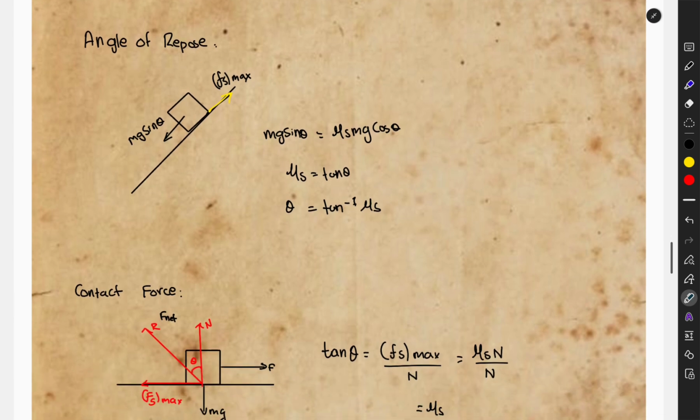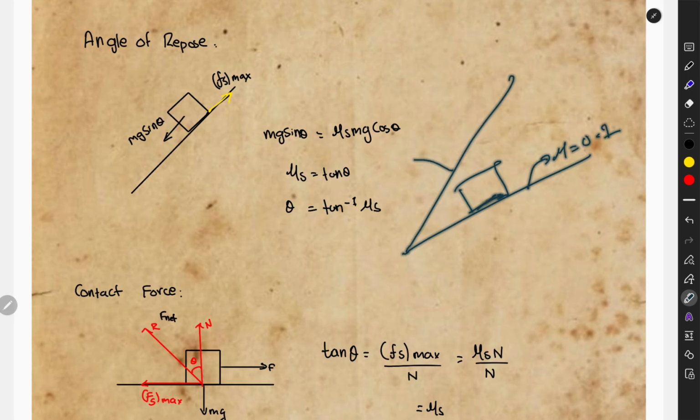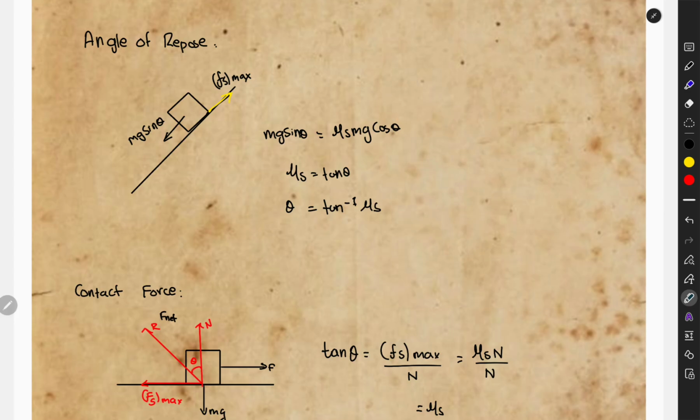Next thing we are going to study is the angle of repose. Let's say there is a block here, and this has some friction, let's say mu is equal to 0.1. The more the angle increases, the block moves at a certain point. The angle at which the block slides down is called the angle of repose.